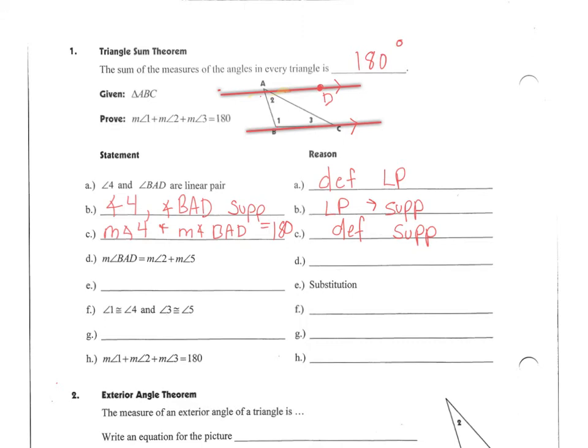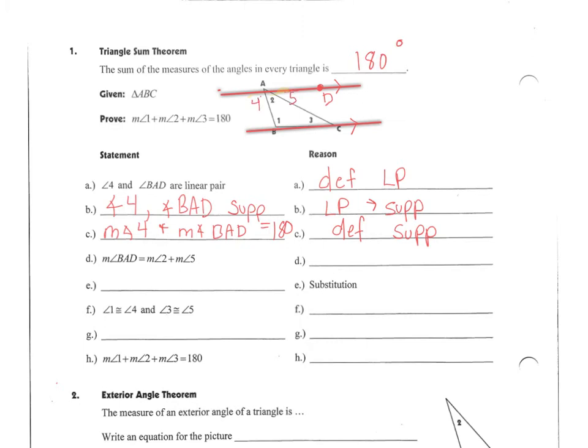Okay, so let's keep going along here. The next thing says that the measure of angle BAD, which is, as we've discussed, this angle here. If you remember, I had marked in that this was angle 4 and this was angle 5.